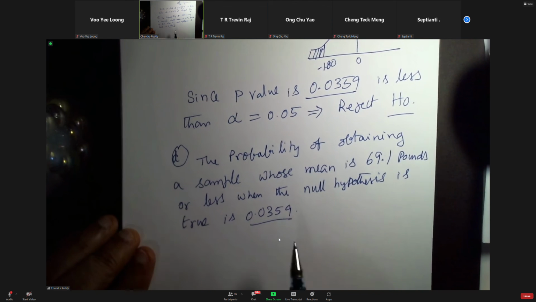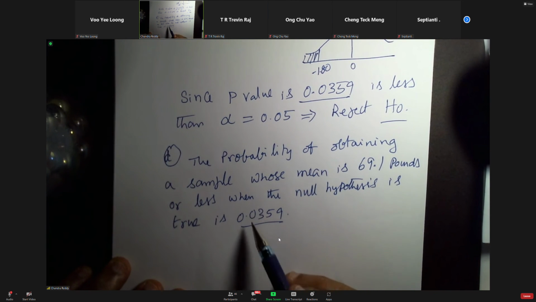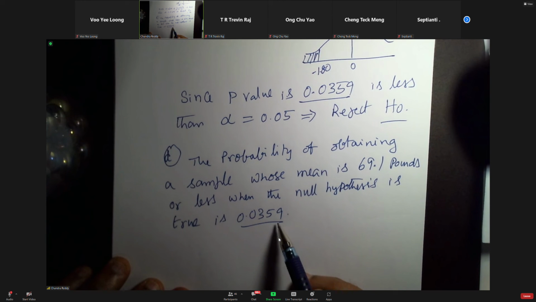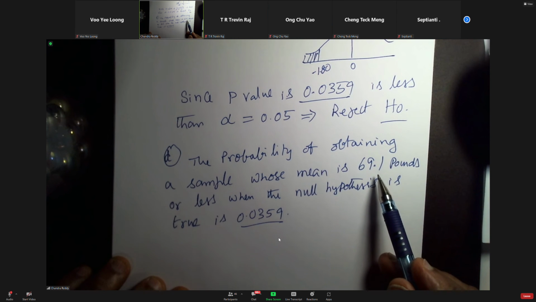So that means if the null hypothesis is true, then there is only a probability of 0.0359 to get a mean strength of 69.1 pounds.